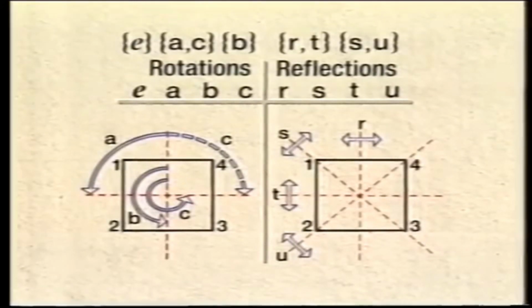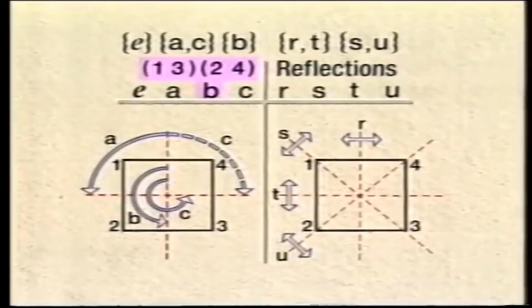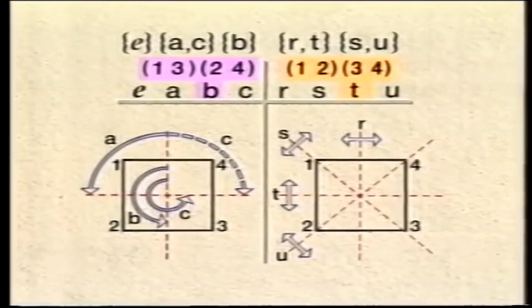For example, the rotation B transposes vertices 1 and 3 and transposes vertices 2 and 4. But the reflection T also performs a pair of transpositions. So B and T are represented by permutations with the same cycle structure, a pair of transpositions, yet they fall into different conjugacy classes. How can that be?